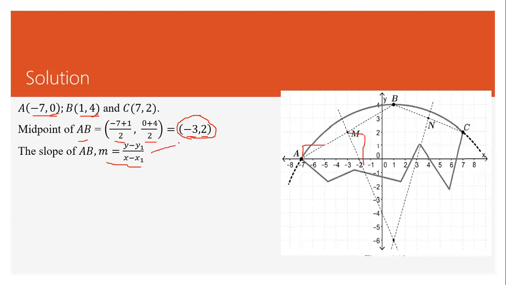Okay, so the formula for the slope m is equal to y minus y sub 1 over x minus x sub 1. The points here are A and B. So let's determine the slope of line AB.